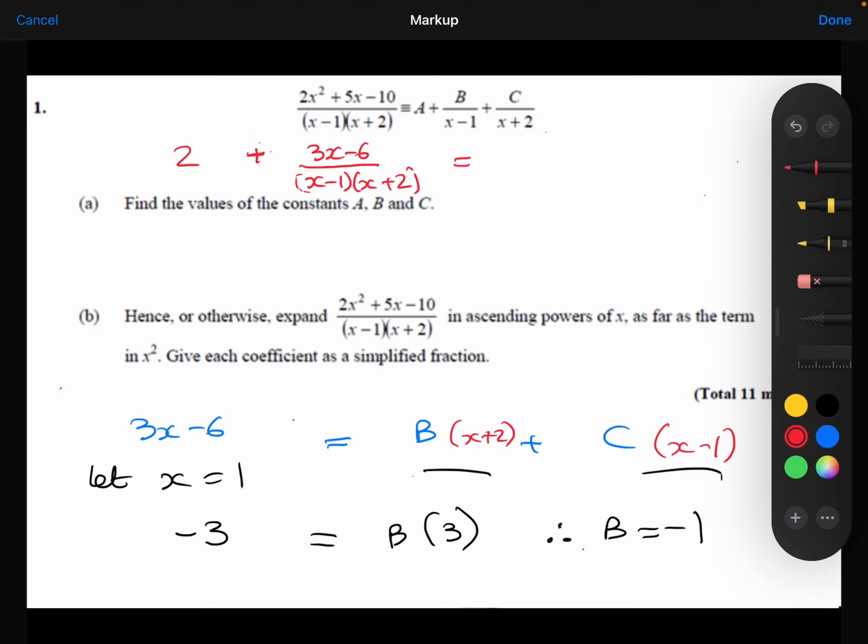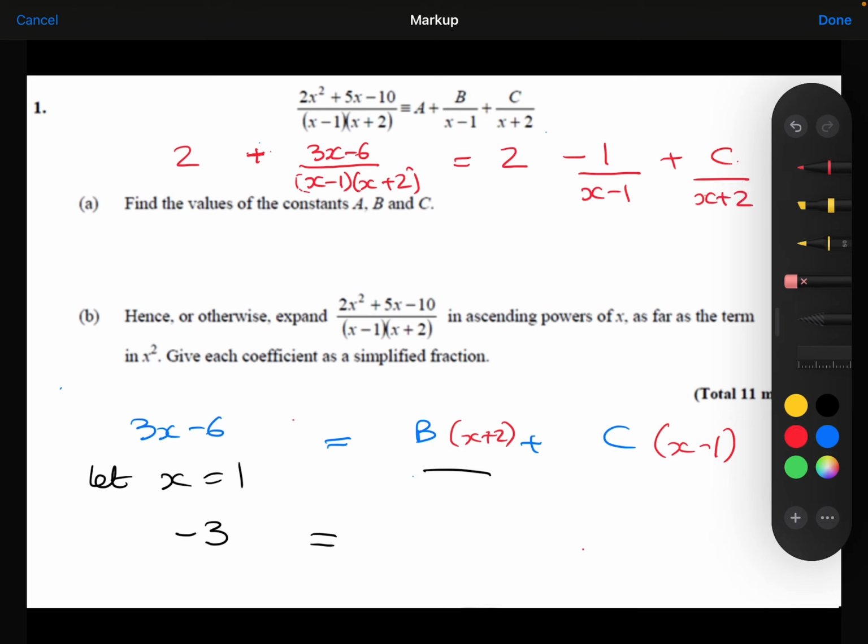Now I know that b is minus 1, I can put that in here with my partial fractions. I just need to know my c term now. To work out the c term, I'm going to let x be minus 2, because that makes this part 0.